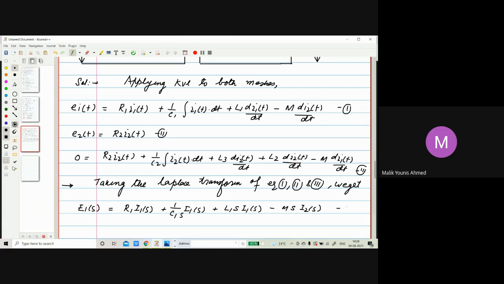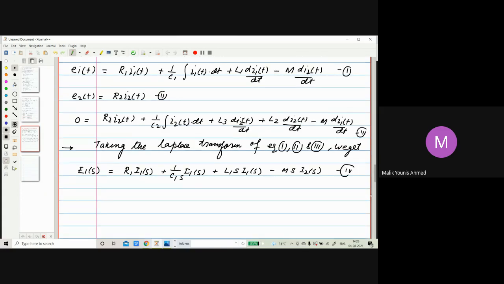Let us call it equation number 4, or 1 dash, whatever you want to call. Second, very simple, E2 of s will be equal to R2 I2 of s. That will be the fifth equation.